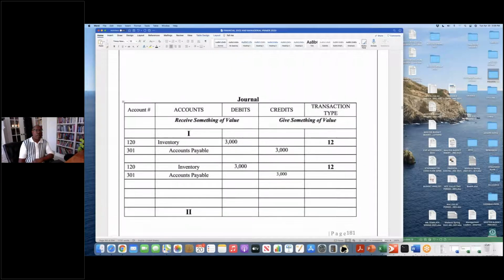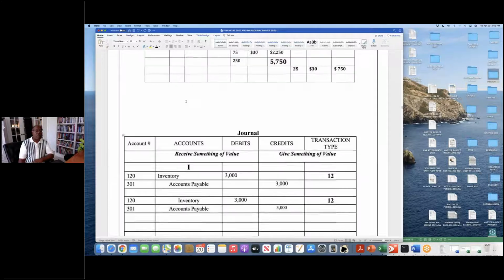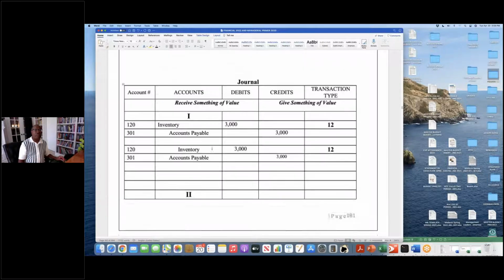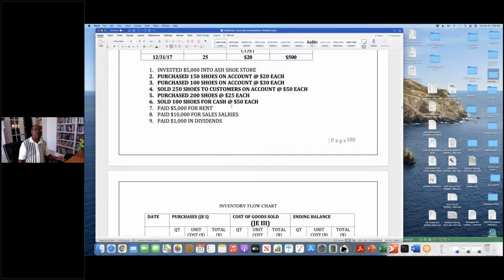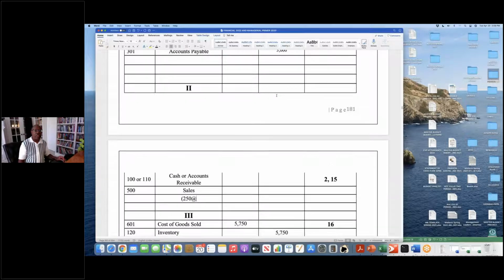And so we said we sold how many? 250 at 50, correct? So how much did we sell them for? $50.